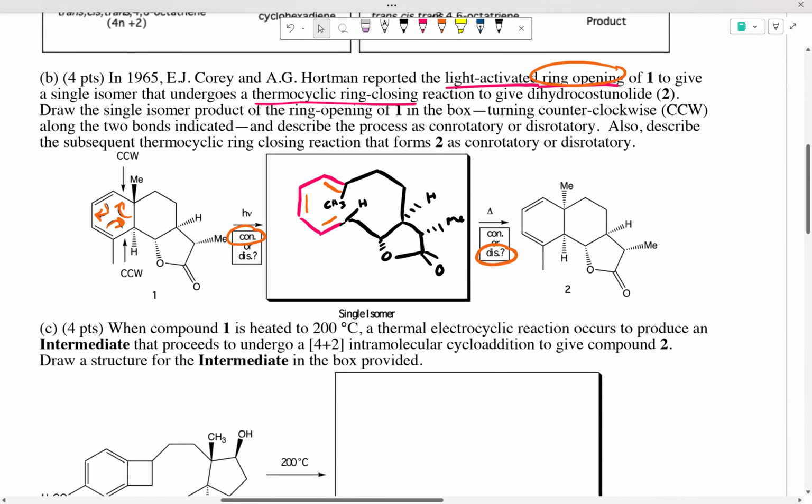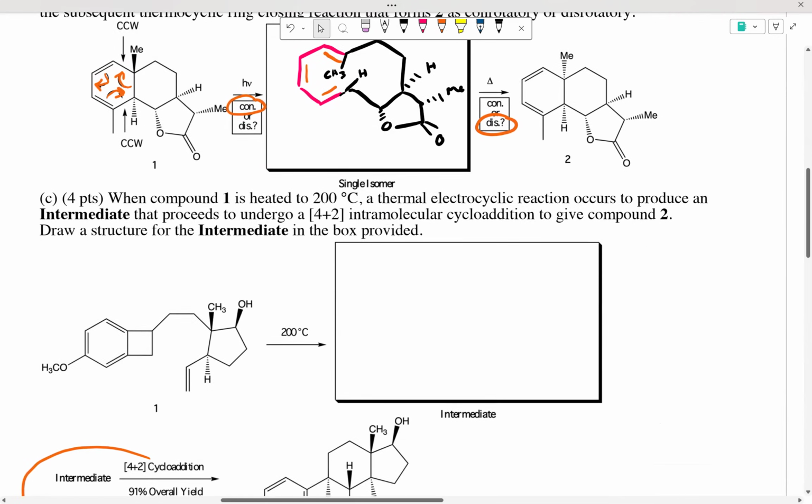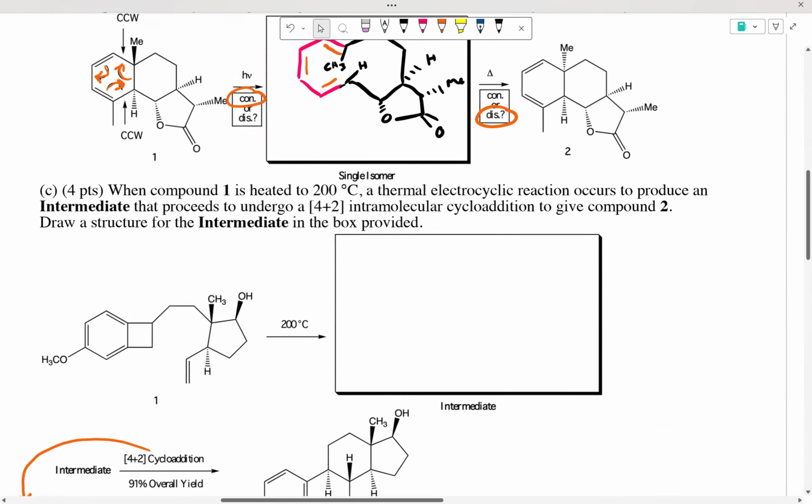And now we're going to look at how to do C. When compound 1 is heated to 200 degrees C, a thermoelectrocyclic reaction, so that means we have heat, occurs to produce the intermediate that proceeds to go under a 4 plus 2 intramolecular cycloaddition to give compound 2.